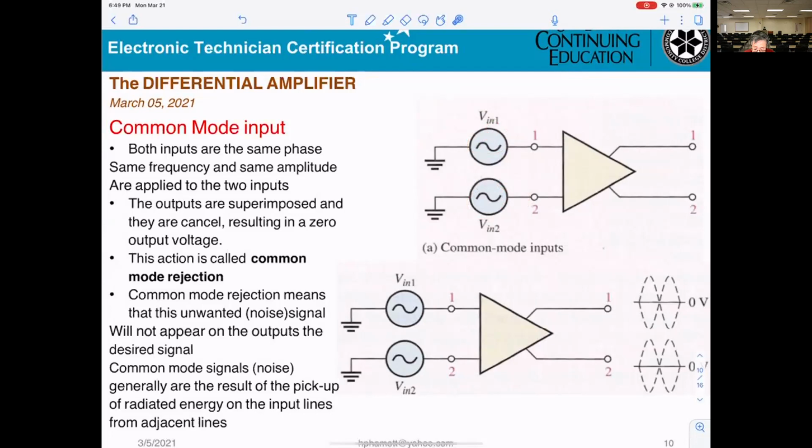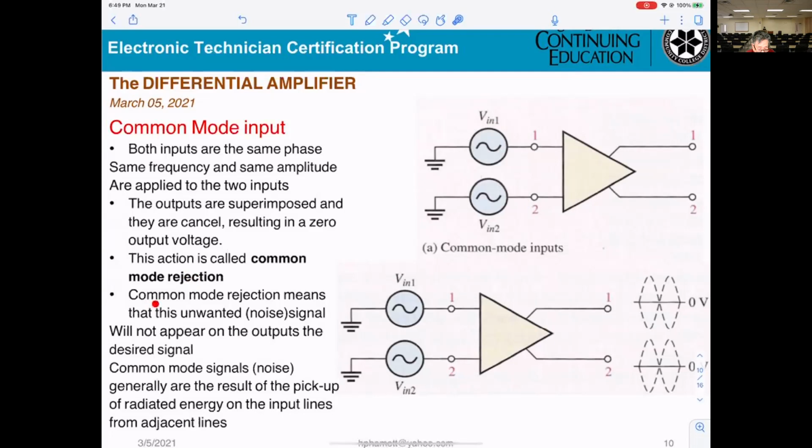That means this one and this one are identical on both inputs. Now, the outputs are superimposed and they are cancelled, resulting in a zero output voltage. That means if they are identical, the output will be zero, nothing. Okay. This action is called common mode rejection.